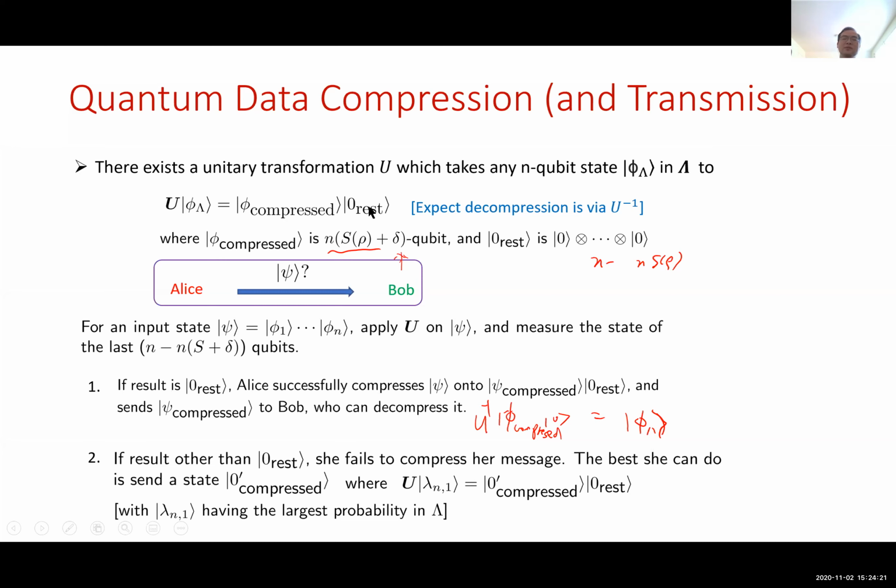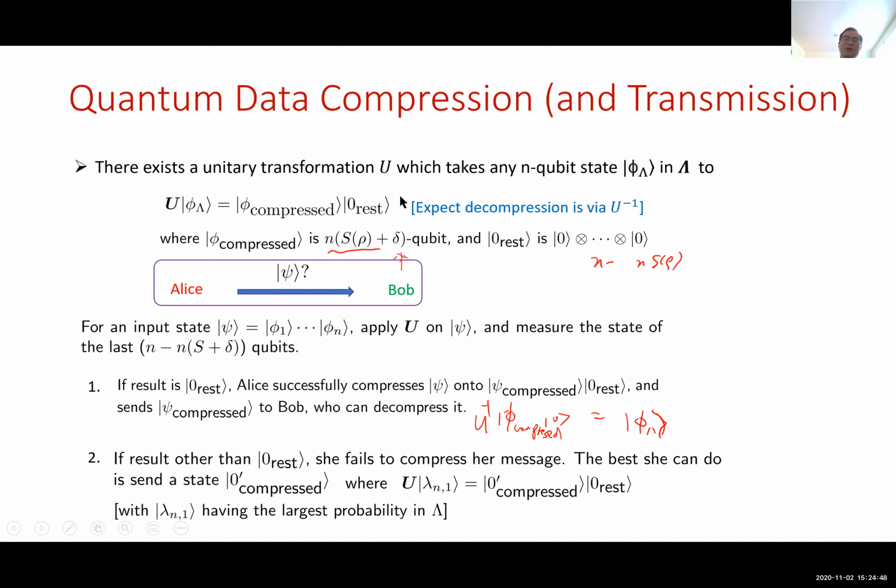But if I give you a state that is a superposition of this good state and a bad state, when you measure and you get 0, then it would collapse to the compressed one. But you may have some probability to get, let's say, 1 0 0 0, then the one that gets projected is not in the typical subspace.